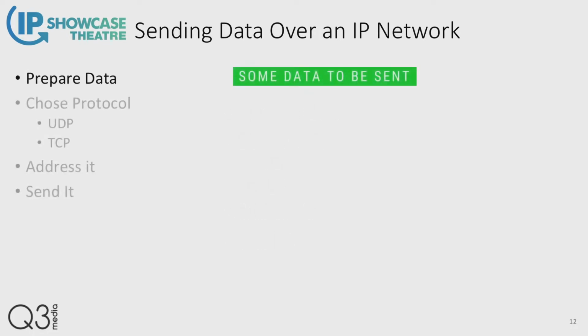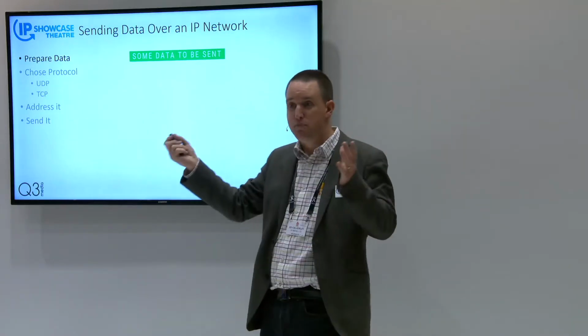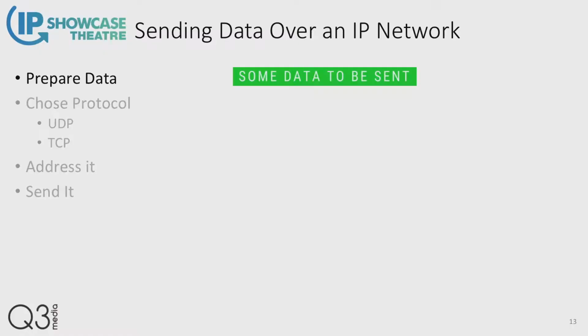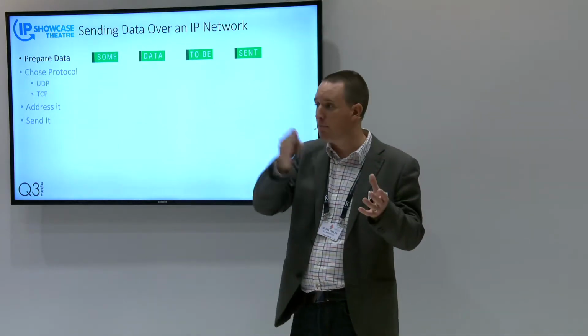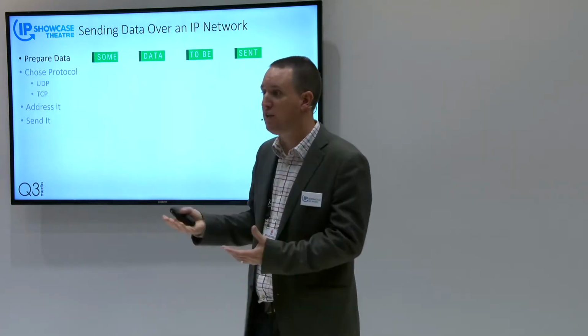So if we imagine something like a line of video from an SDI signal, that's too big as a piece of data to send as a packet, so we have to chop it up. And this could be the same with any kind of data we need to send over a network. When we chop it up, we often add some headers to that data, possibly a sequence number so we can reconstruct the packets later to stitch it back together, or maybe some additional information.